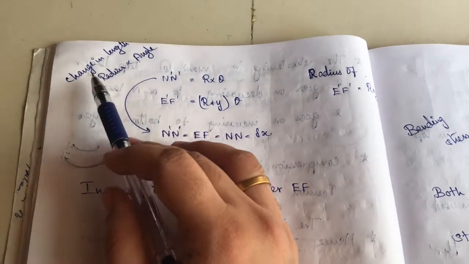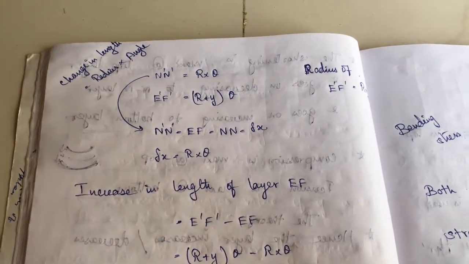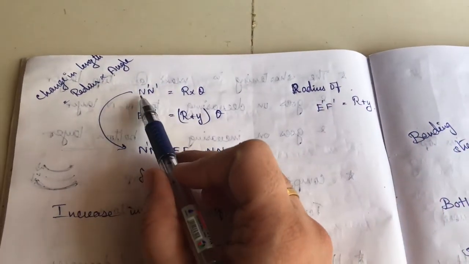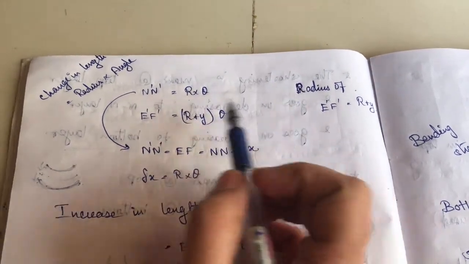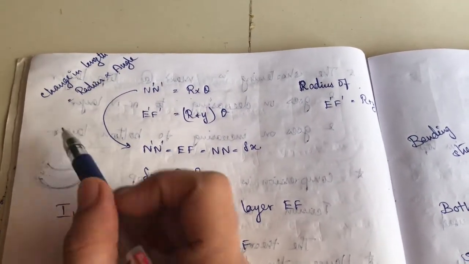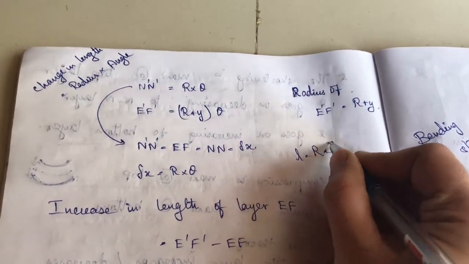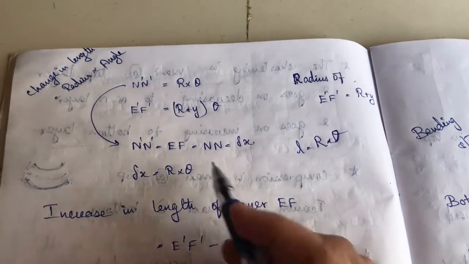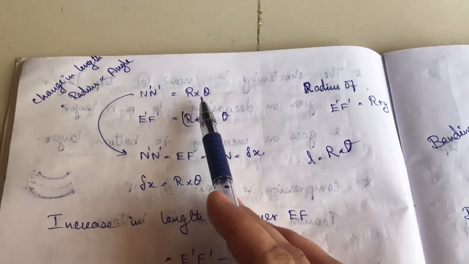You can see here N dash will be equal to radius into angle. This is not at all a change in length. You can take the length as equal to radius into theta. So N dash will be equal to R into theta.